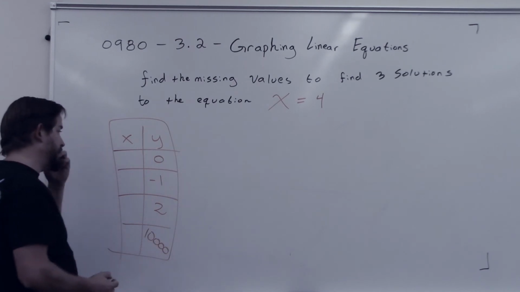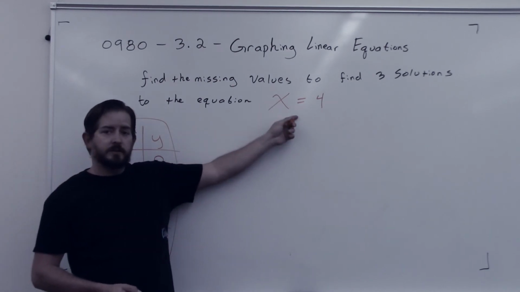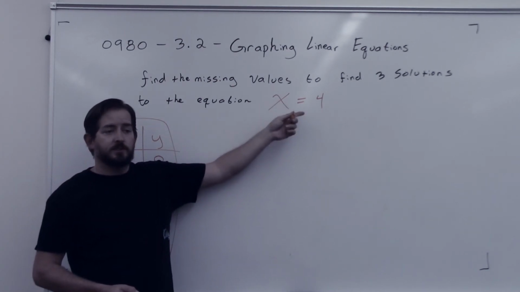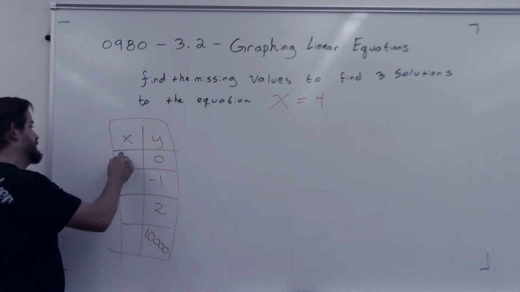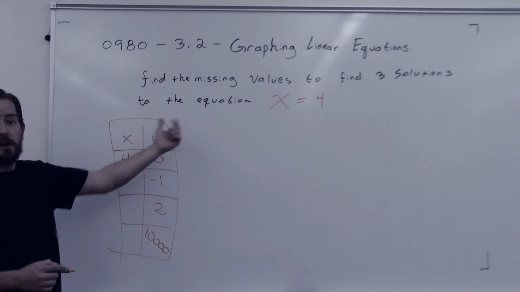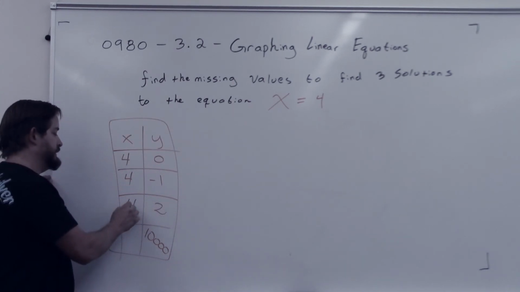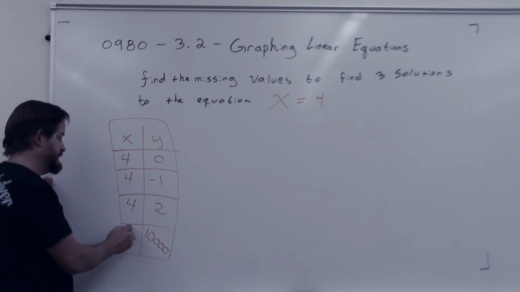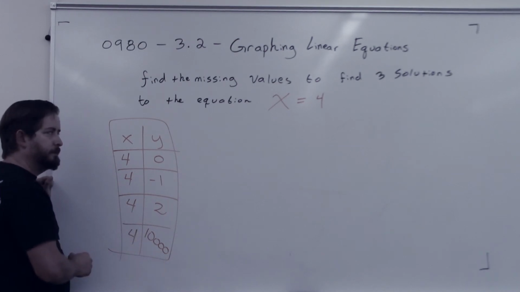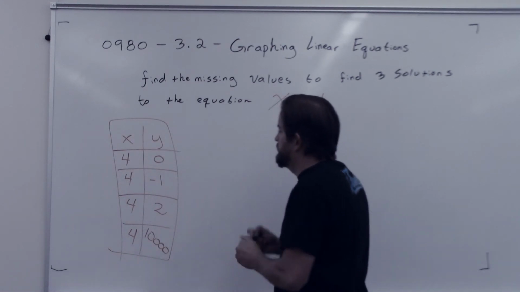It doesn't matter here, because this equation doesn't depend on y, it has no y, so if y is 0, x is 4. If y is negative 1, who cares? X is 4. If y is 2, I don't care, it's 4. If y is 10,000, guess what? X is 4, right? And so I can think about what happens when I graph this one as well.